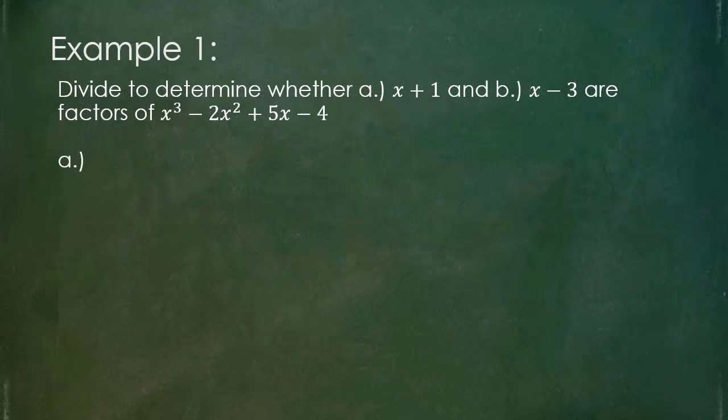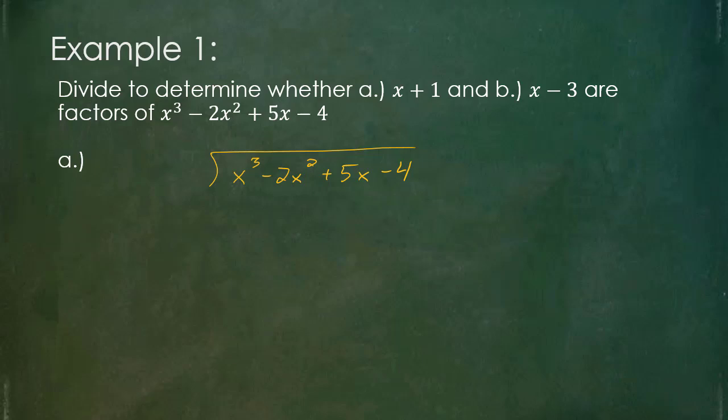To set this up, we'll take whatever I'm dividing and put it inside of a long division symbol. In this case, that would be x cubed minus 2x squared plus 5x minus 4.